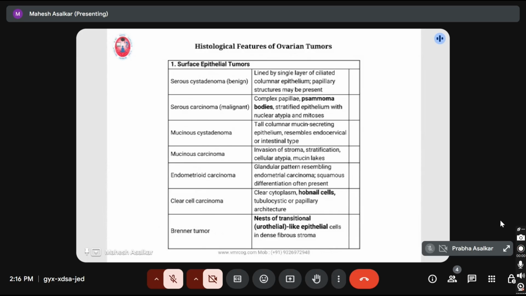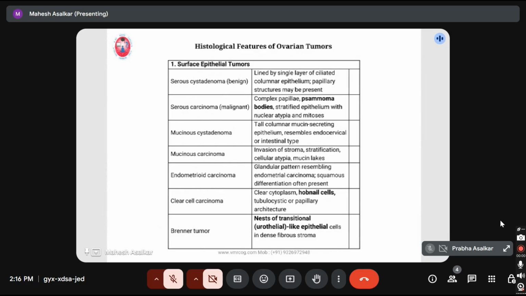Then mucinous adenoma, you will have a tall columnar mucin secreting epithelium which resembles either endocervical type or intestinal type. Then mucinous carcinoma, invasion of stroma, stratification, there will be cellular atypia and mucin lakes. That is the feature of mucinous carcinoma. Then you can have endometrioid carcinoma, which will have glandular pattern resembling endometrium.